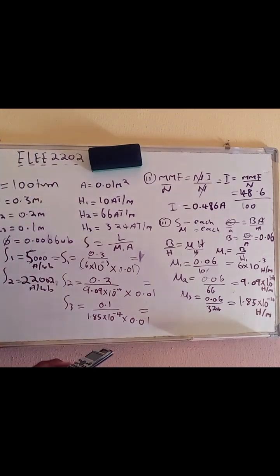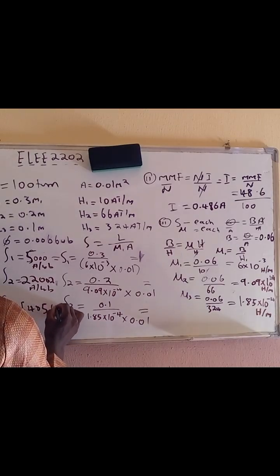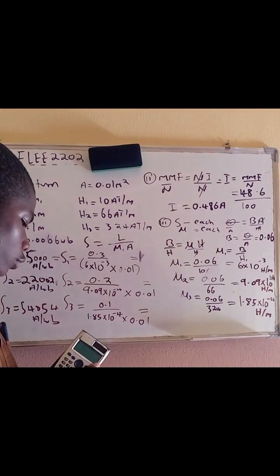And therefore, 0.1 over 1.85 times 10 exponential of -4 multiplied by 0.01, S3 is equal to 54054 ampere per Weber. So here is the full solution of the first question.